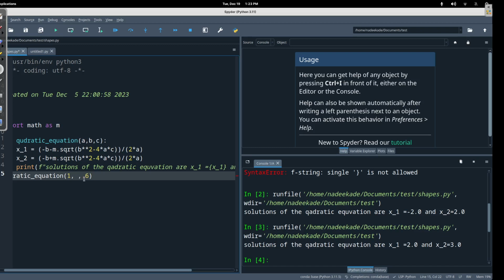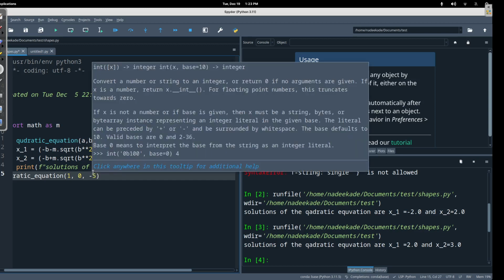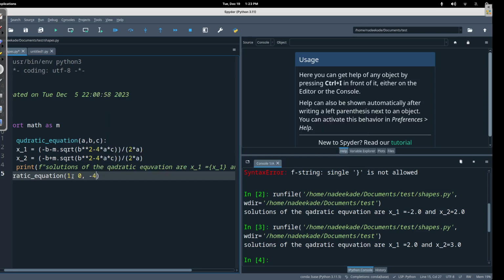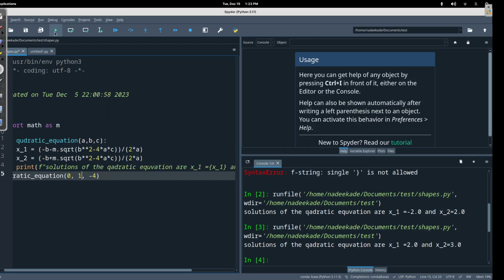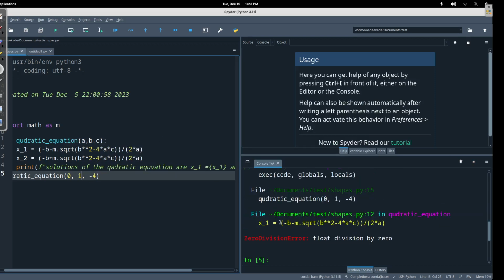So we had this 0 and this minus 4. Now what happens if I change this 0 to 1 and negative 4? Okay, let's look at the results.